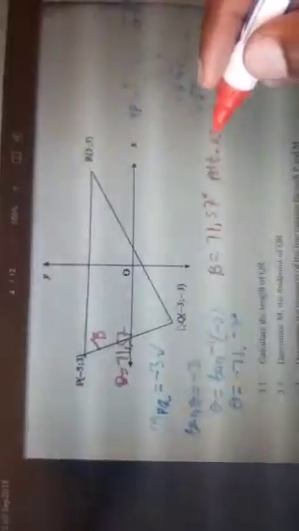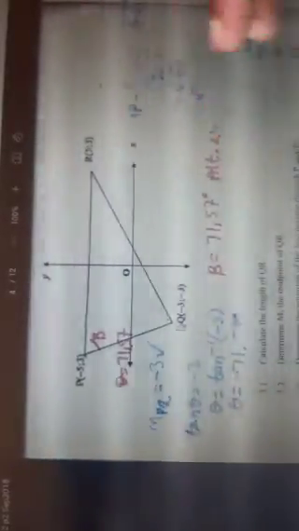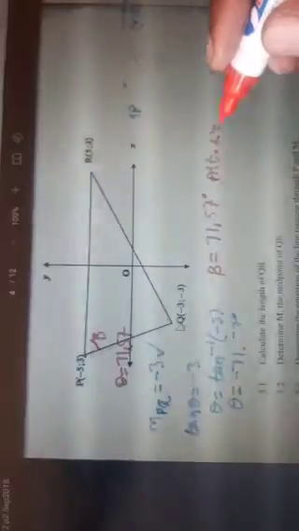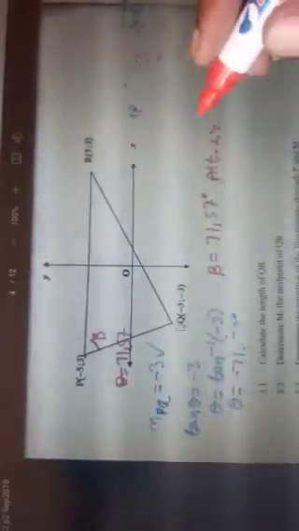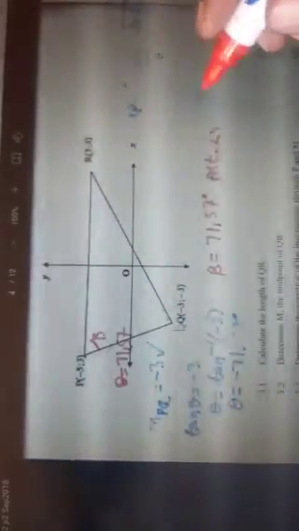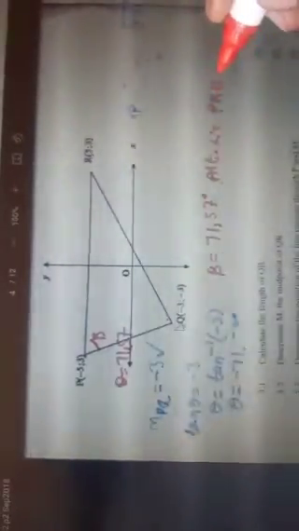Why are we saying alternating angles? Which lines are parallel? So we can say PR is parallel to the x-axis.